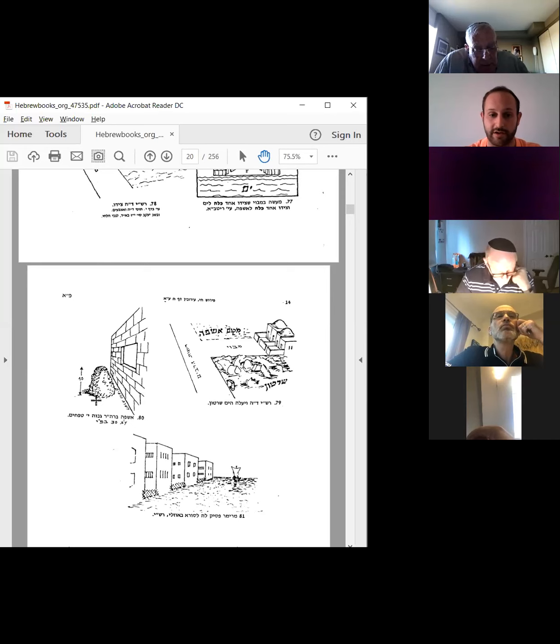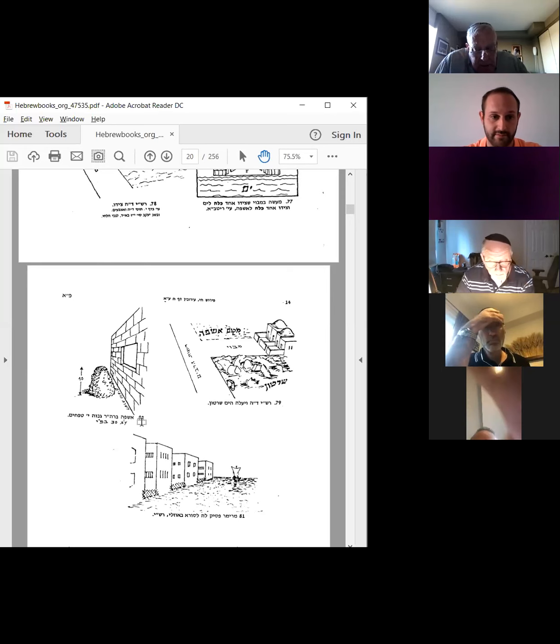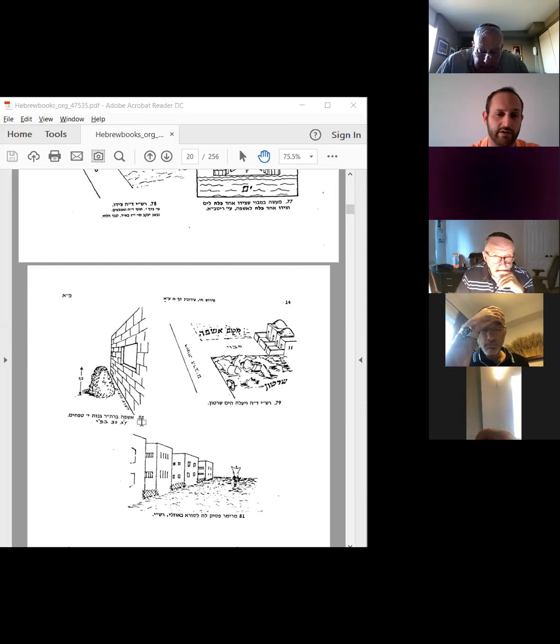Therefore, you'd be allowed to throw it from your window onto that Rishut Yachid, as seen in diagram number 80. You'd be allowed to throw it there, because you're not throwing between different types of Rishut. It's considered to be from a Rishut Yachid to another Rishut Yachid or to a Makom Tor, depending on the exact shape of the garbage. But the point is, you're not throwing to Rishut Rabim, so now it's no longer a problem.